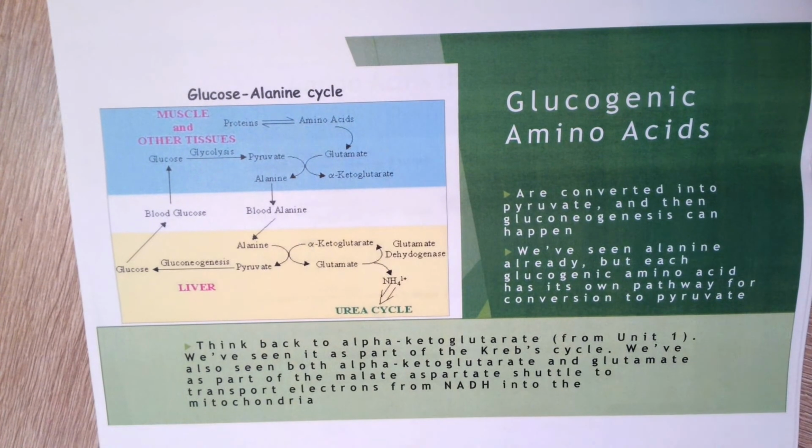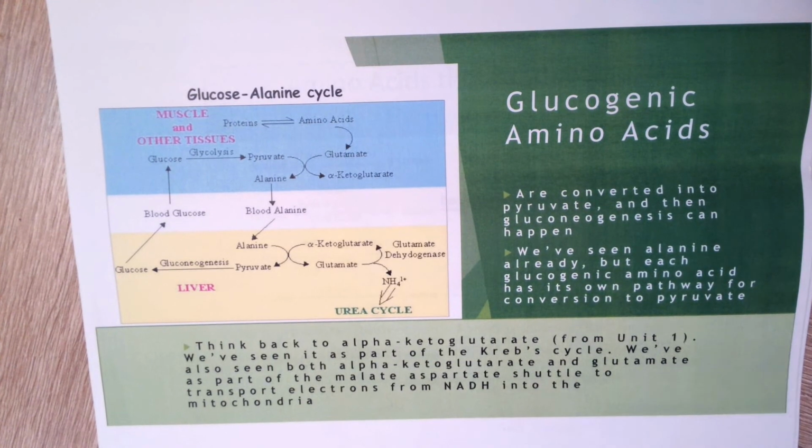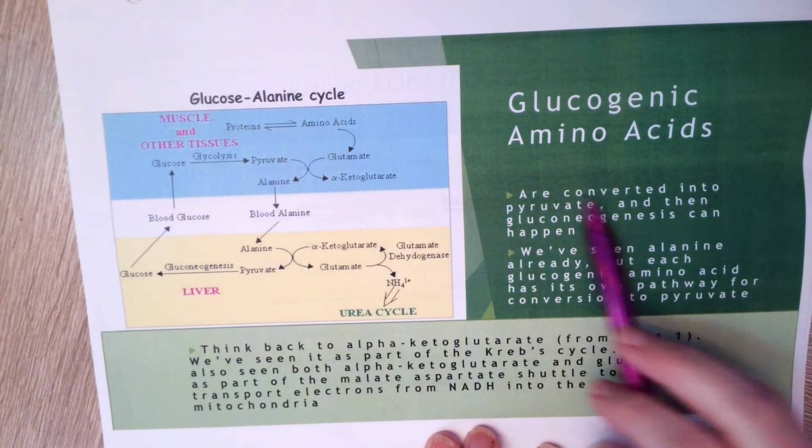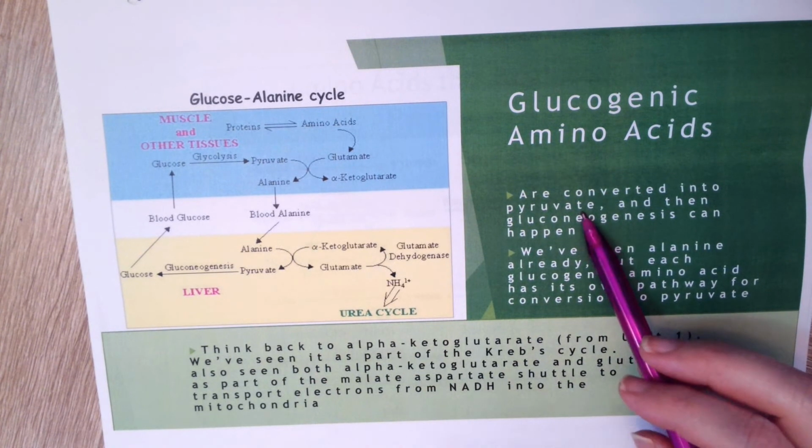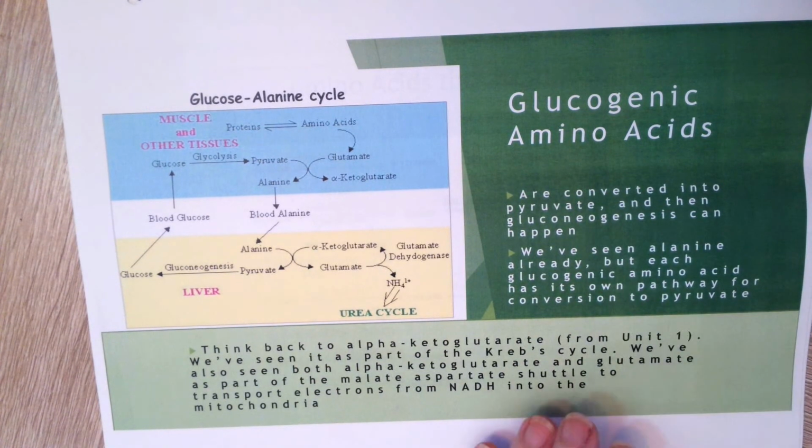Now we've seen amino acids turning into ketones, which we'll talk about more in this unit as well, but here these specific glucogenic amino acids are going into pyruvate and glucose. So what we're looking for is how do we get it into pyruvate first? How do we take that amino acid and turn it into pyruvate?